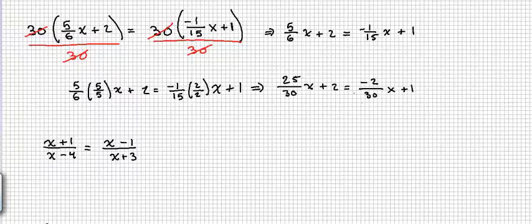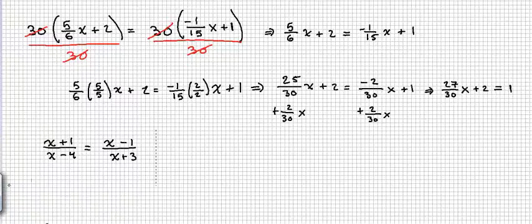So let's add 2x over 30 to both sides. When we do that, this goes to 27 over 30 x plus 2 is equal to 1.